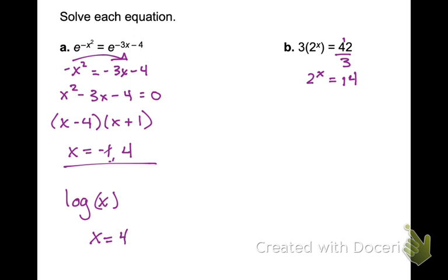So I can't use 1 to 1, so I need to use the inverse. So exponential, put it into log. Log base what? 2. How do I know it's 2? There's a 2. Log base 2 of 14 equals x.